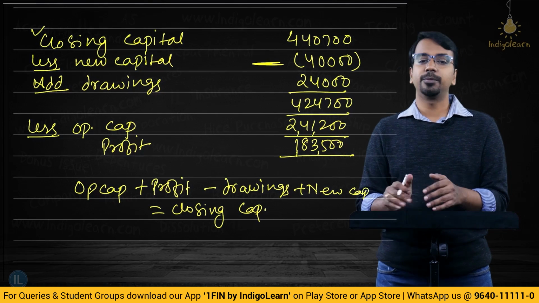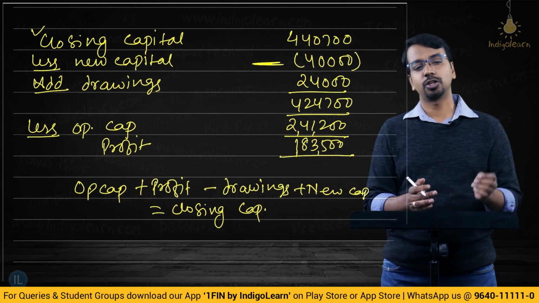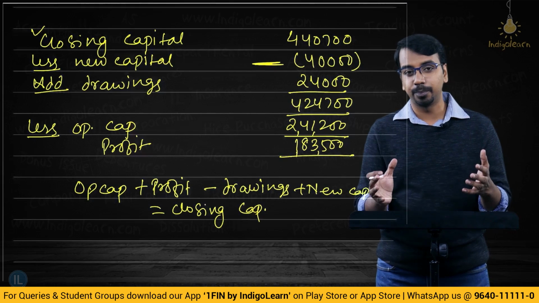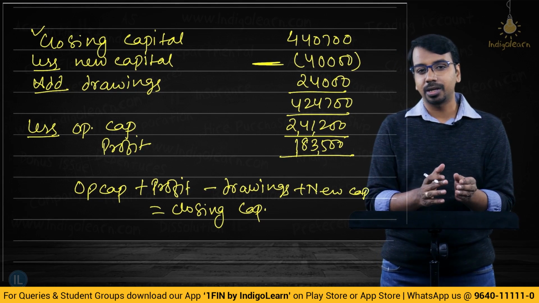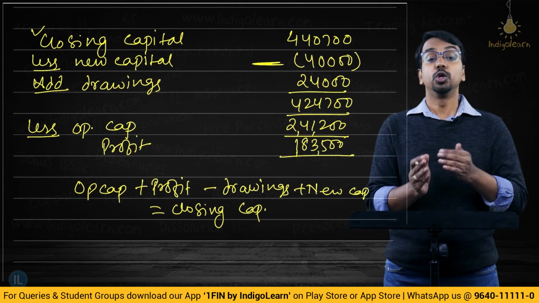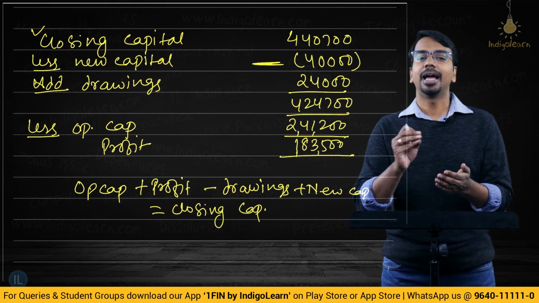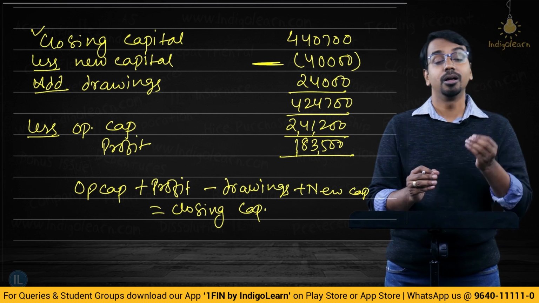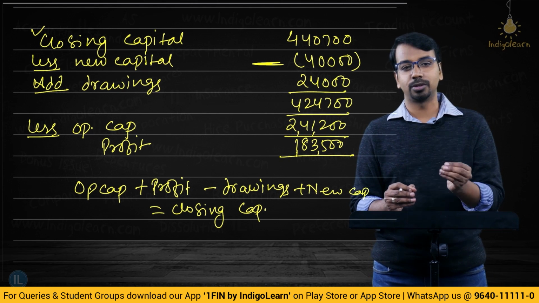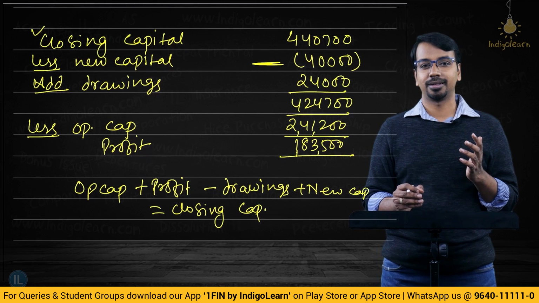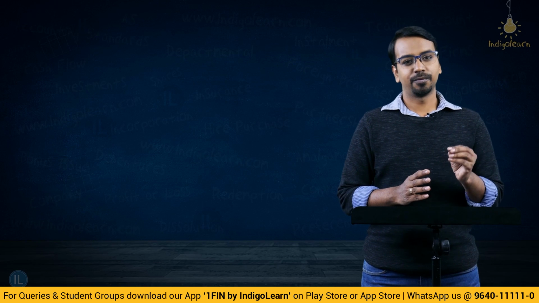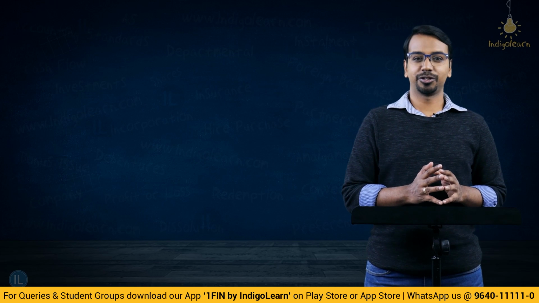Now this formula can be rearranged in different ways to arrive at your profit, and the logic being simple, you will compare the closing capital and the opening capital. You will remove or adjust the impact of any new capital or any drawings that has come into the business.